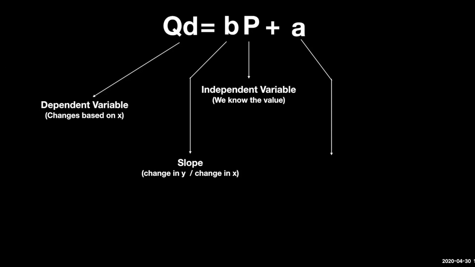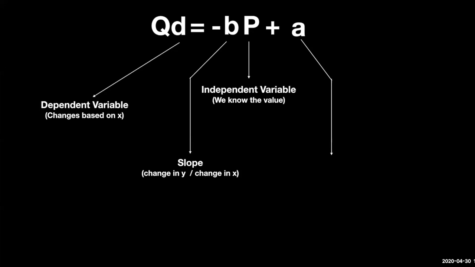They wanted to do A and then B and then C and then D. But again, remember that those letters are just letters. They're just variables that mean something. So in this case, B is no longer the intercept. B is now the slope. A now represents the x-intercept. So quantity demanded equals the slope times the price plus the x-intercept.